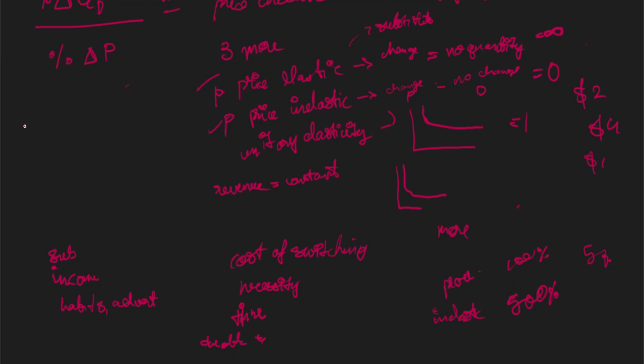So how it works is if they know that a product is price inelastic, they know that the demand for the product is going to remain more or less constant. That it's going to stay in a tight range. So you know that regardless of the price, it's going to be within this range.